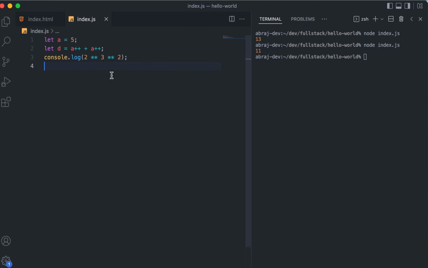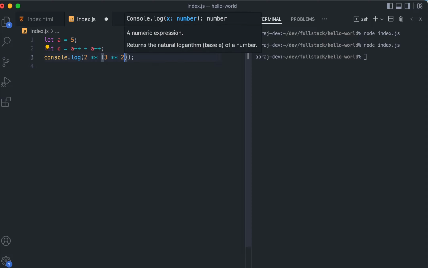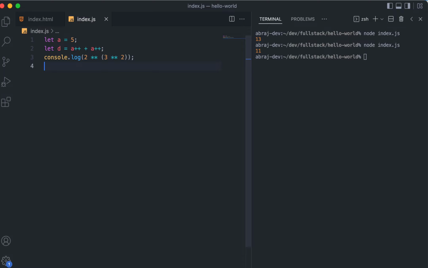And in case of any confusion, if you are not remembering some ordering or some precedence, then the best way is, if you want to do this first and you're not sure about the precedence, simply put it in brackets, parentheses, and that would be fine, because now you are getting the intended behavior without worrying about whether by default it will do 2 raised to the power 3 first, since the answers will be different, you understand.